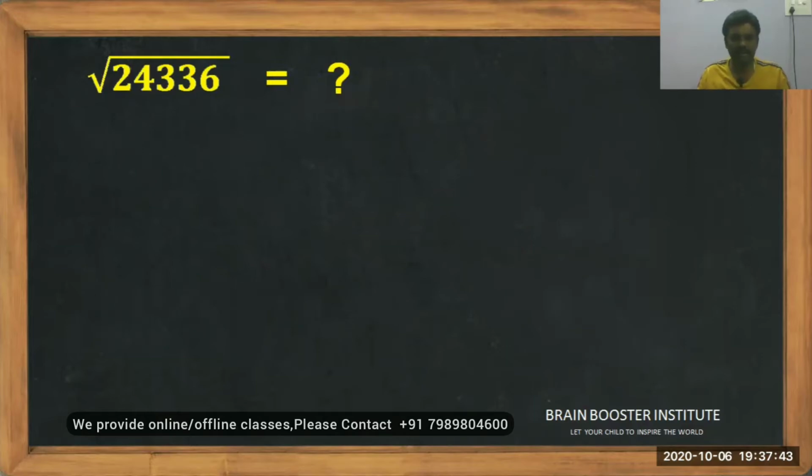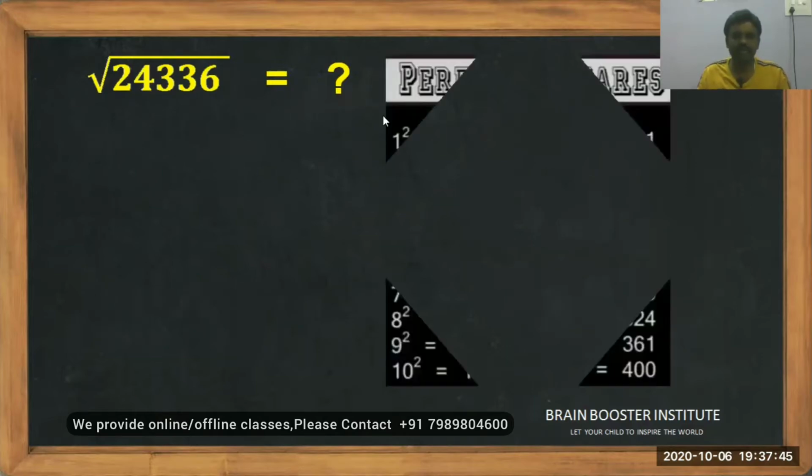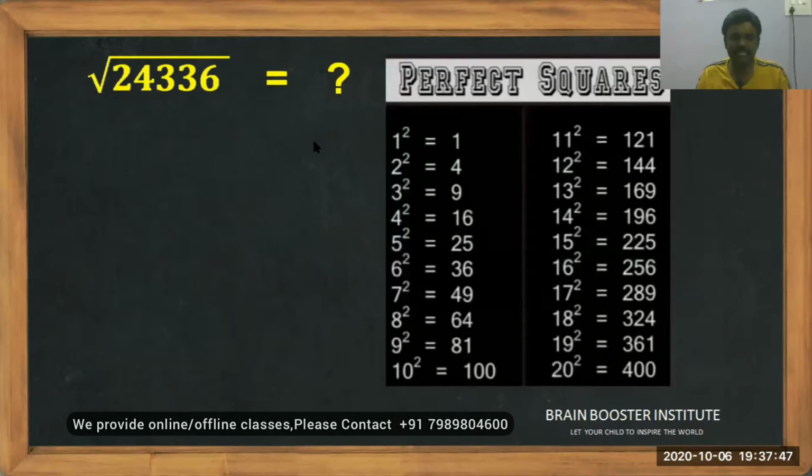Before learning this with the small number, first you need to know the squares of numbers from 1 to 20. Here you're already able to see on the screen: 1 square is equal to 1, 2 square is equal to 4, 3 square is equal to 9, 4 square is equal to 16, like that up to 20 square. I'm showing it on the screen now.